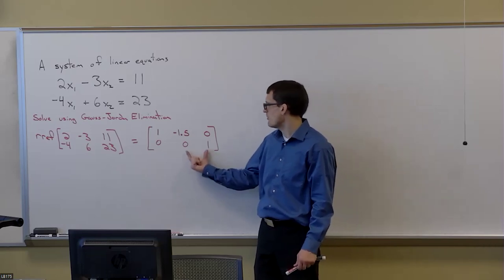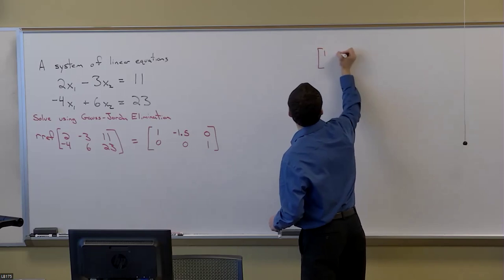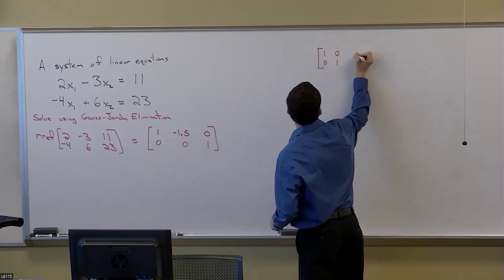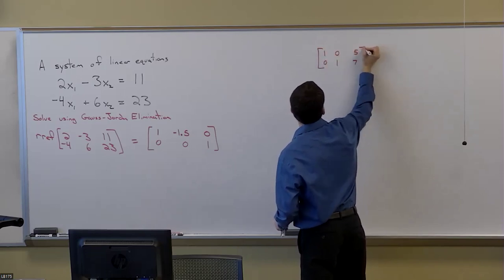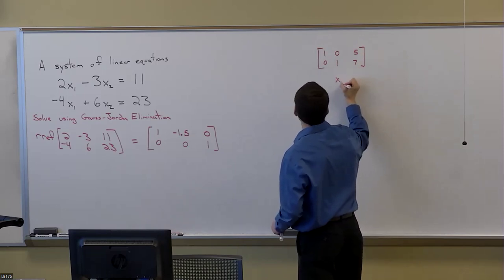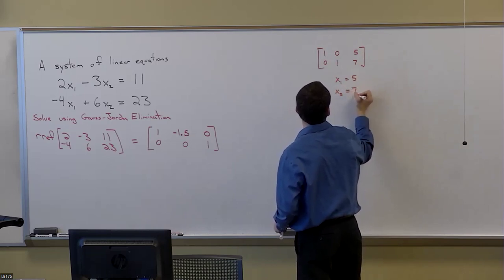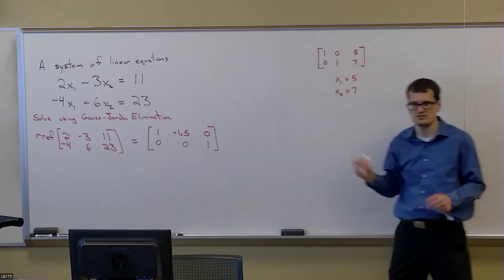Now, if you think about what this means, remember when we had something like this, I'm just going to make up numbers. This meant that x1 is 5 and x2 is 7 because that's what the equation said.